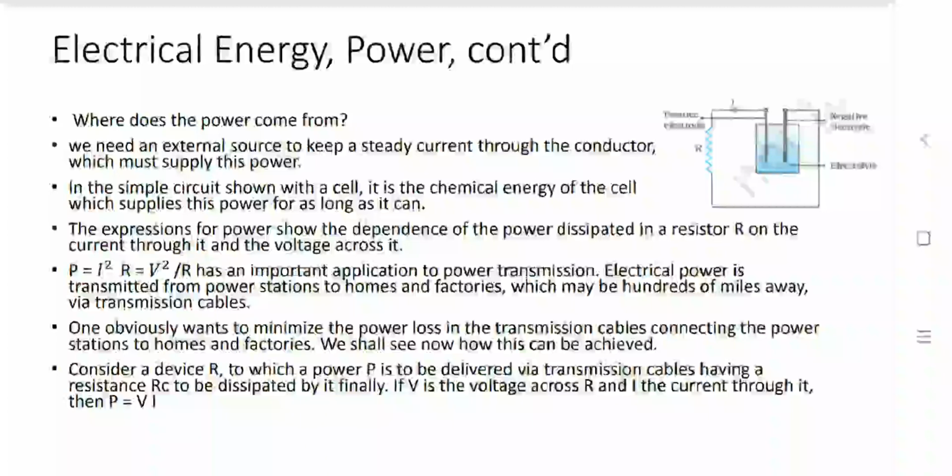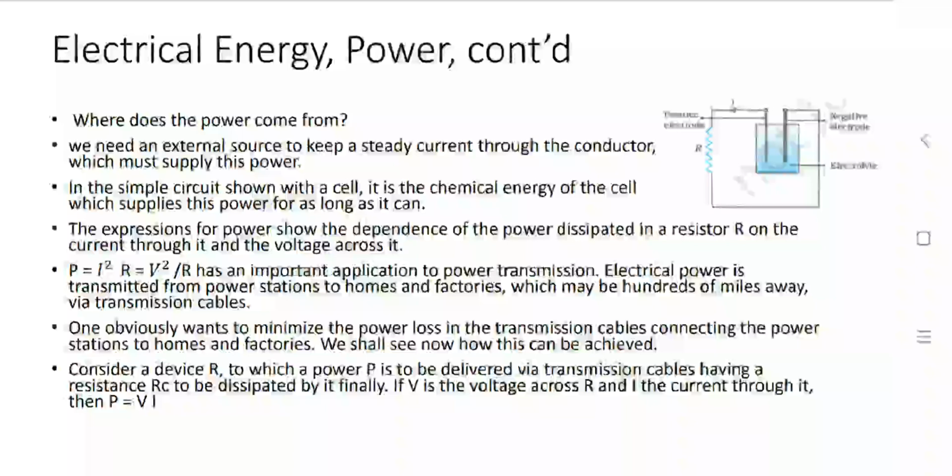The transmission cable is the cable which transmits the power. At one end the power station is there, at the other end our home. With a longer transmission cable, power loss can be higher, and we need to minimize it.